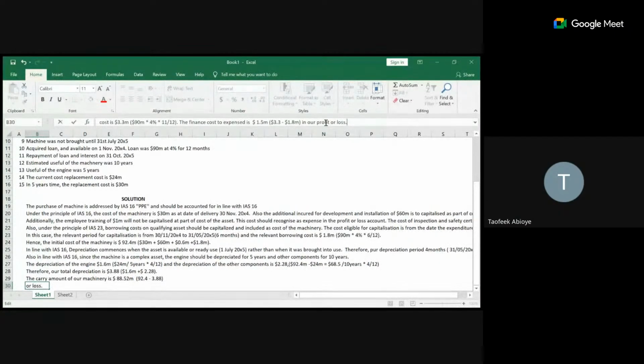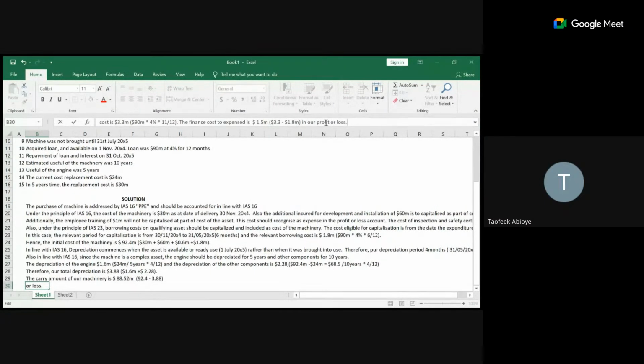But since it is 30th September, 1 month before that period, it is 11 months. From November to October is 12 months, but our accounting period is September, because we need to report our financial statement as at 30th September. So that is why it is 11 months.